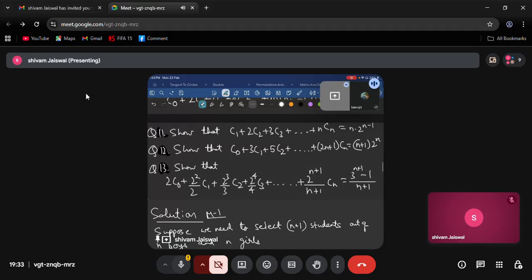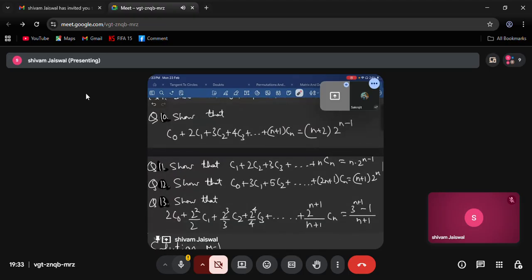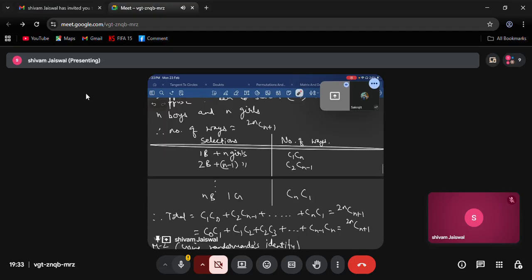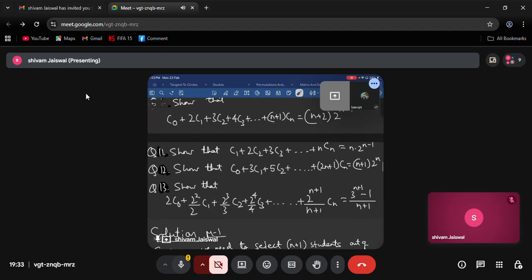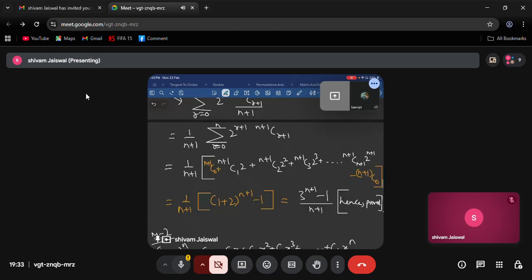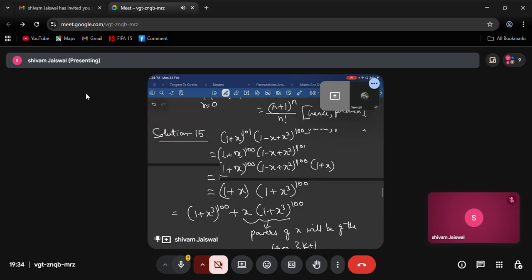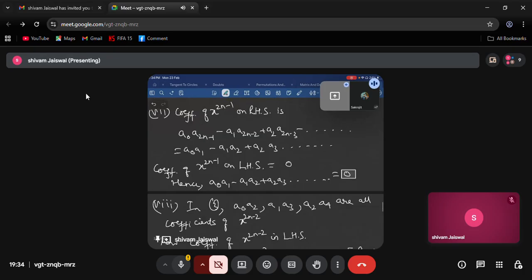Okay, so everyone pay attention. We have already done summation of k square into nCk. Wait, where is it? And summation of k into nCk we have done. That is n into 2 to the power n minus 1. Summation of k square into nCk we didn't do.